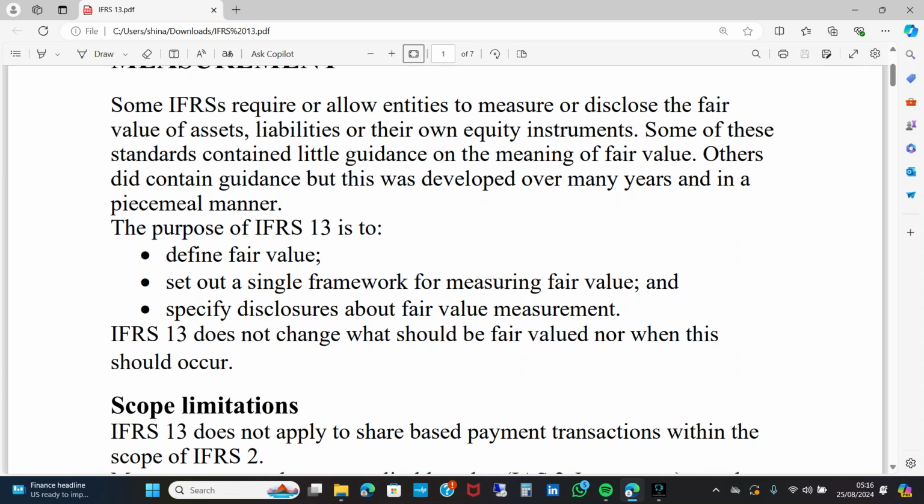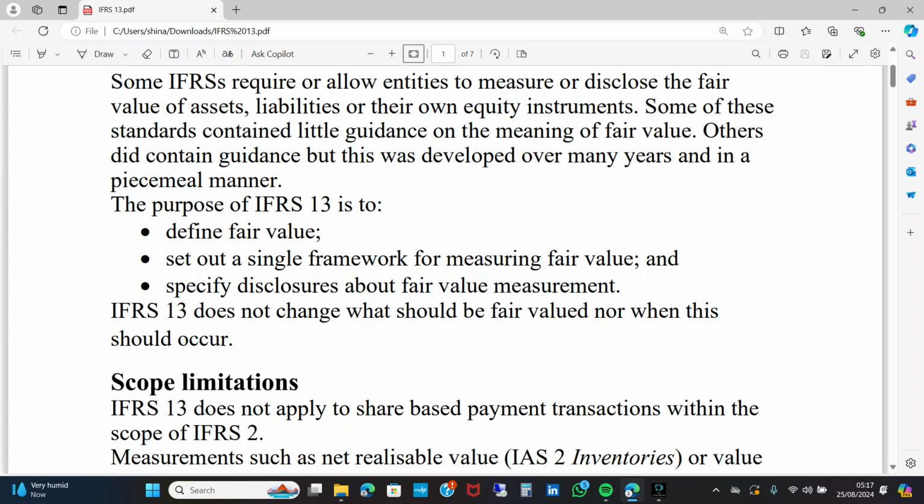So please, it is each standard itself that will tell us in specific terms how they want us to measure fair value. Our work in IFRS 13 is just to set out a framework of how, generally, we should measure fair value. Please remember that it's each standard that will tell us in specific terms how it wants us to calculate fair value.